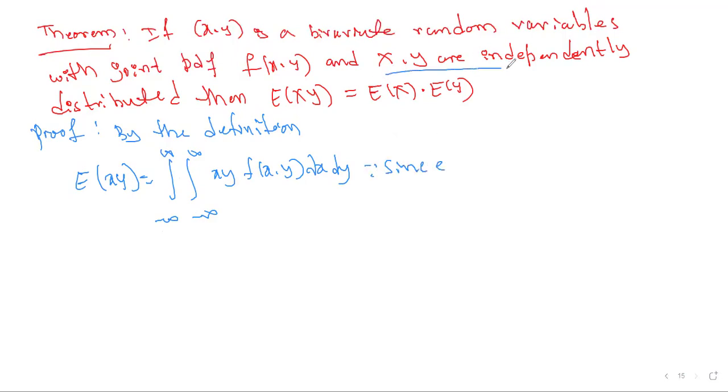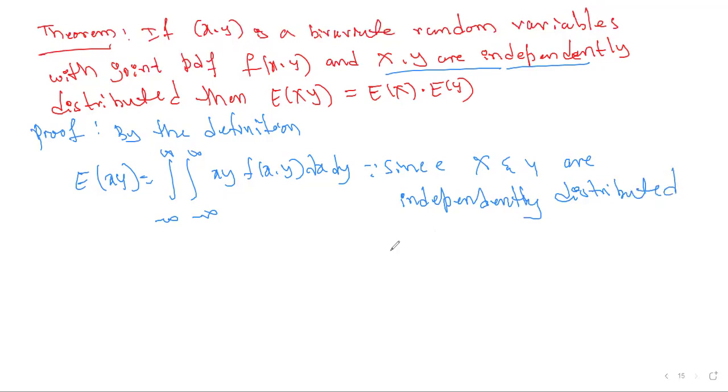Right? So here, what they mentioned is that X and Y are independently distributed. It means that X and Y are independent.